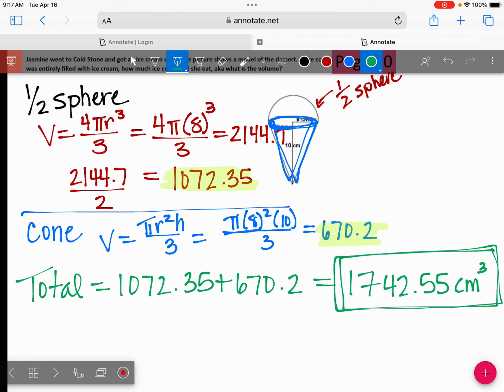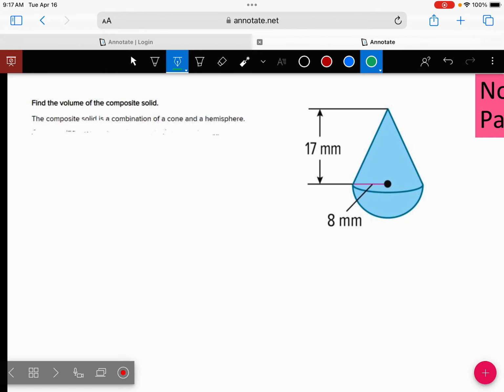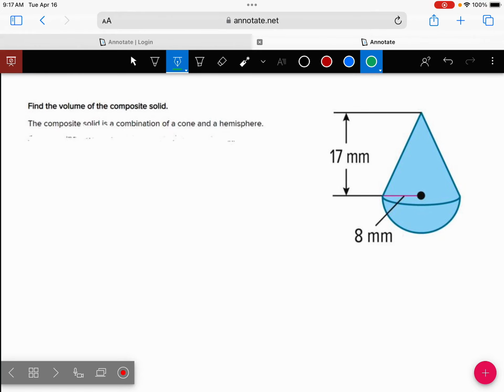Let's look at the question at the bottom. Again, we have half of a sphere and we have a cone. So looking at this question, I'm going to start with the cone again.